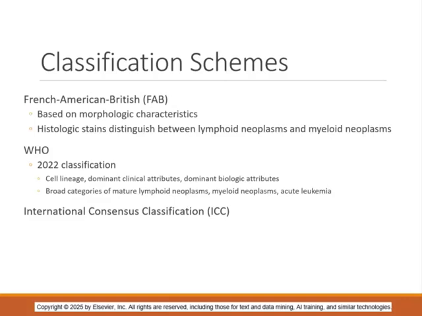Here we're looking at the lineage of all the cells and what the laboratory results tell us, so we can get a more pinpoint category, because they start with broad categories and break them into smaller ones: if it's lymphoid, myeloid, or what. And then there's the International Consensus Classification, which the WHO falls in line with in its guidelines.